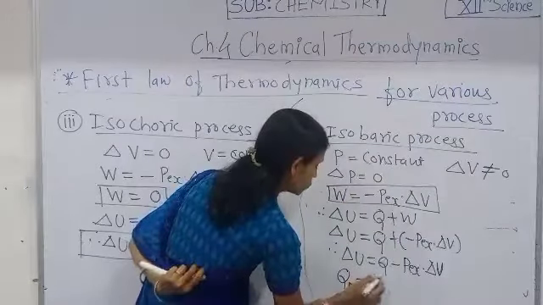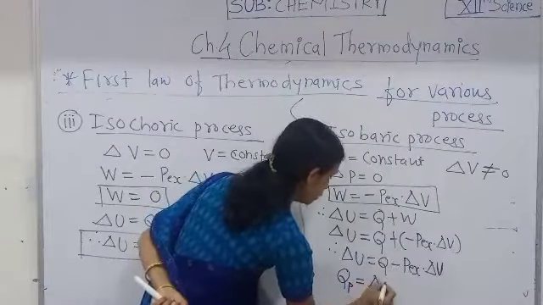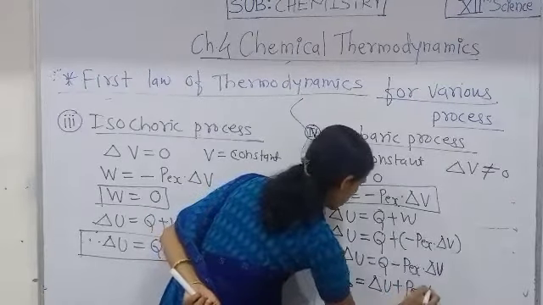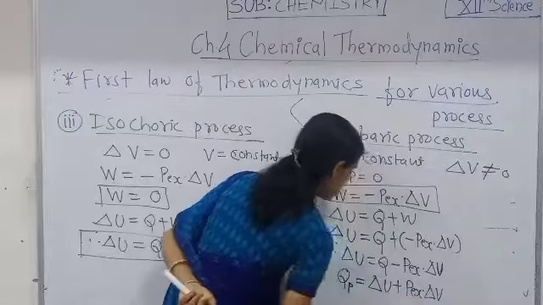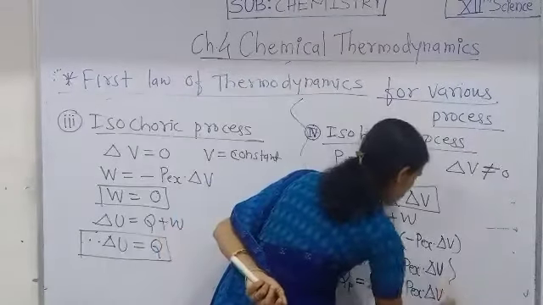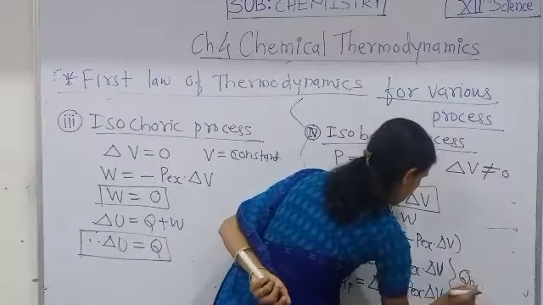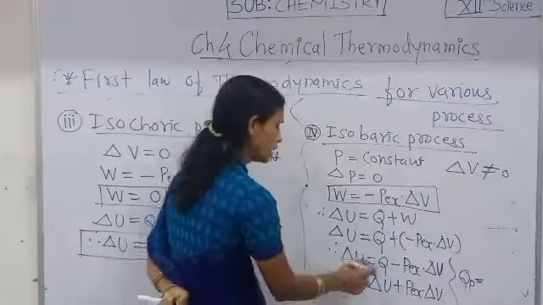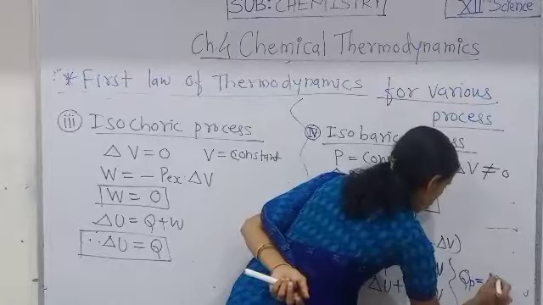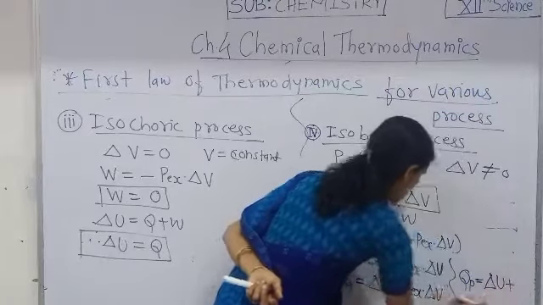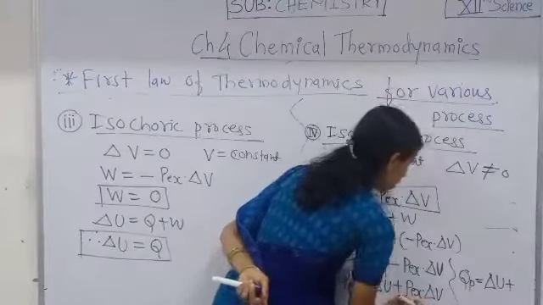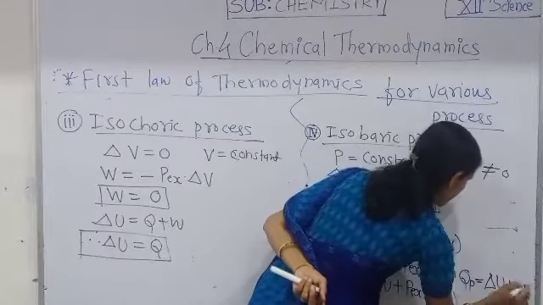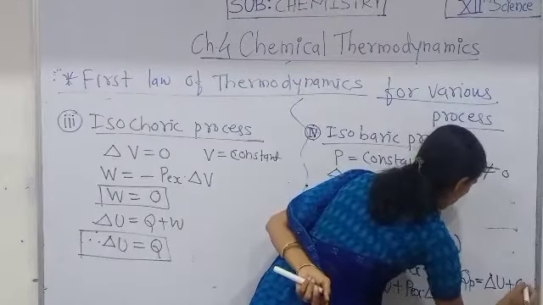QP is equals to delta U plus PEX into delta V. That means the heat transfer during isobaric process is the sum of change in internal energy and PEX into delta V, that is minus W.